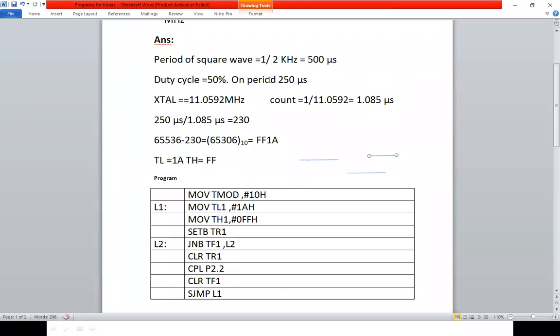So if I give a frequency of 1 kilohertz, then what is the value of TL and TH?